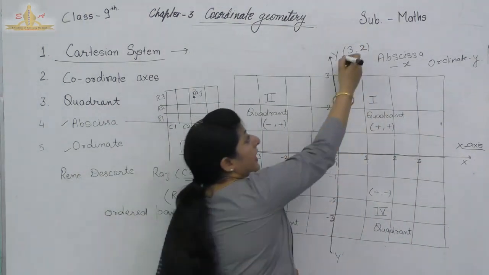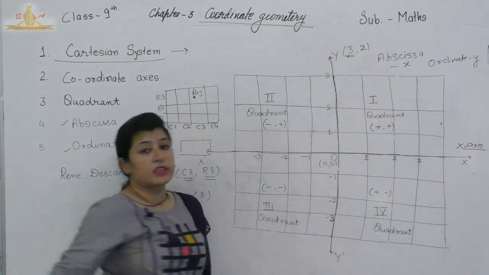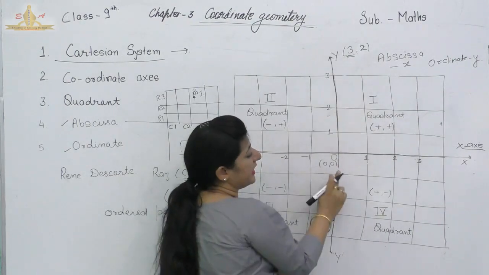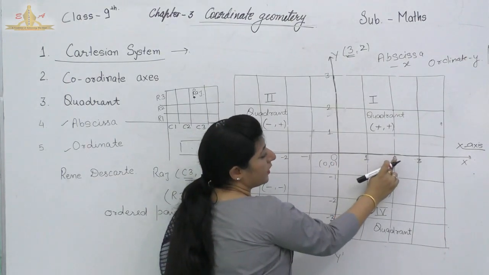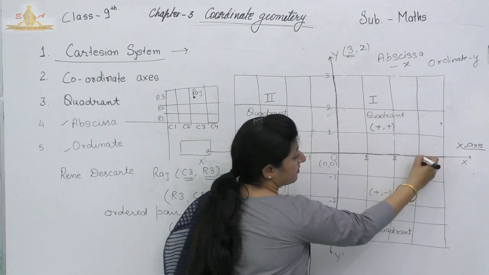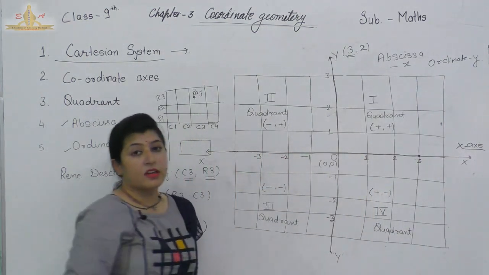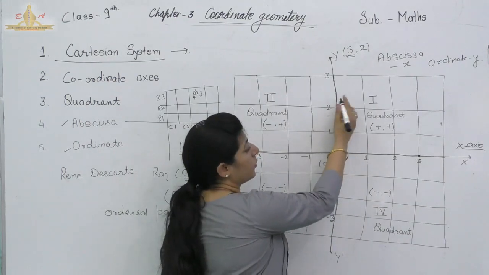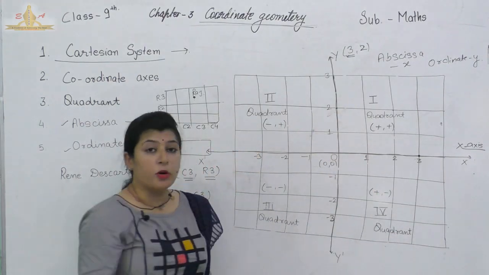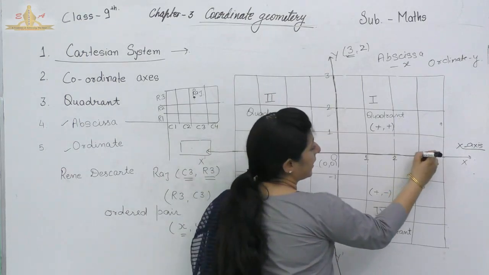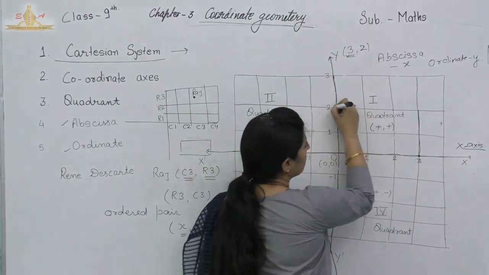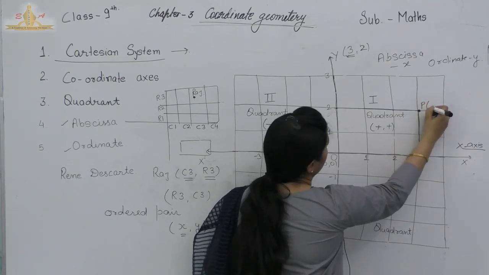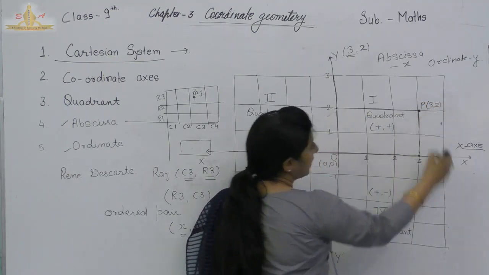So if we write (3, 2), then on the x-axis we have to mark 3. See, this is positive 3, so 0, 1, 2, 3. On the y-axis, 2: 1, 2. Now from both the axes draw perpendiculars where they intersect. This is the point (3, 2).